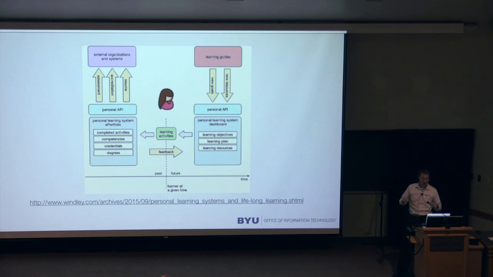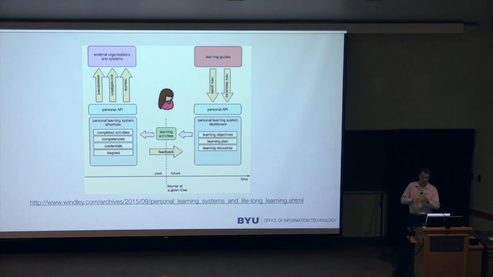So this is a graphic he put together about the personal API, and on the right side you have these learning guides or information on how to learn things, and this graphic is really centered on learning activities. You define new goals, and you define the new resources, how I'm going to learn things, and put those through to your learning record store through your personal API.